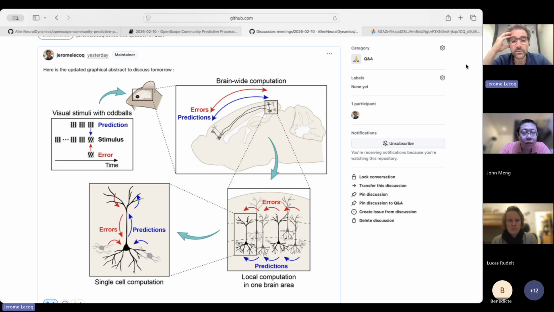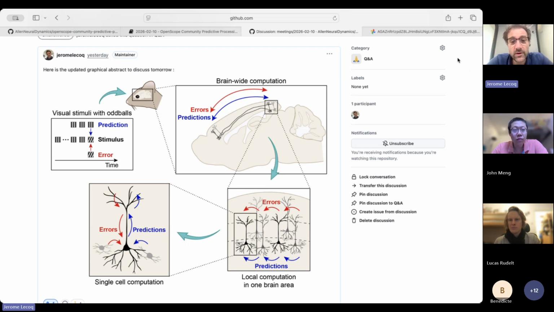Then we move on to highlight the three major scales that were part of the paper: brain-wide computation, local computation in one area, and single cell or dendritic computation. We intentionally did not commit to a particular mechanism. So you see the arrows go both ways, but the intent is to highlight that the review is touching all of those points.